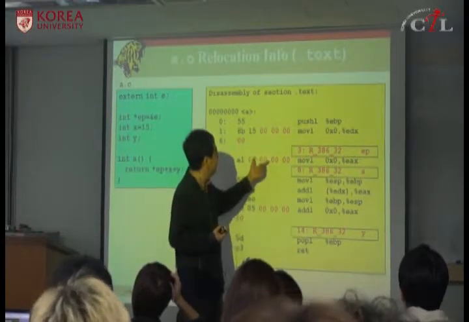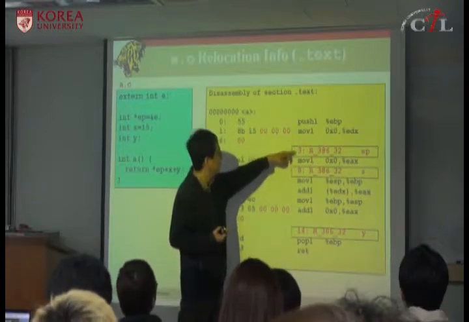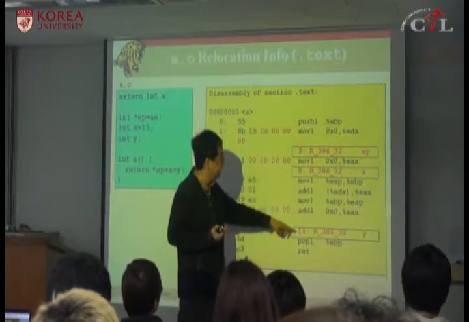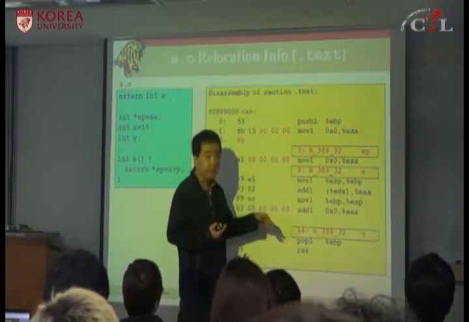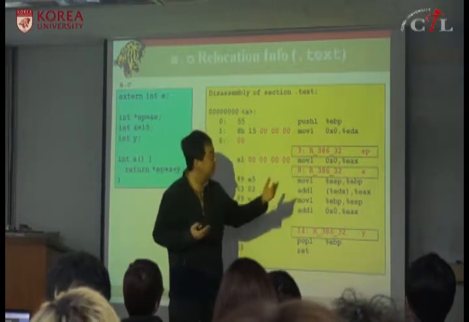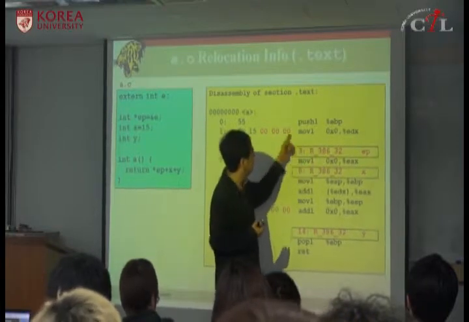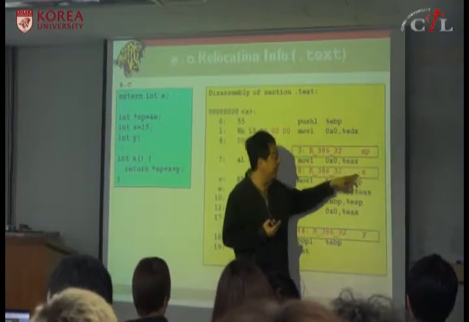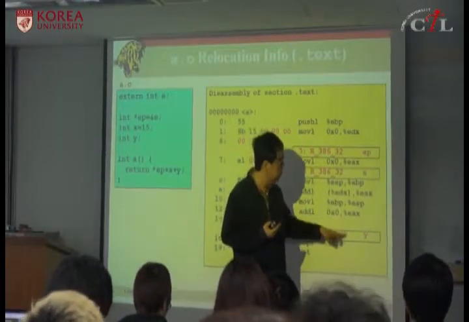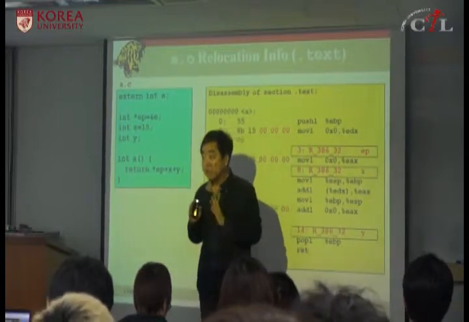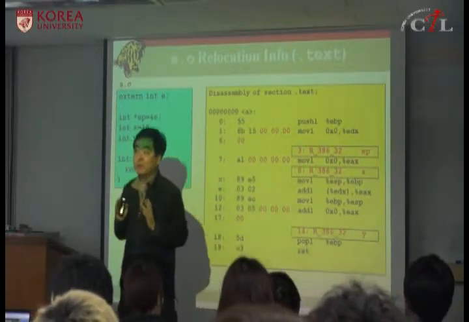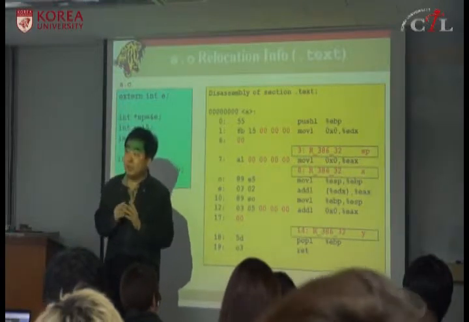And these 4 bytes, starting at offset 3, starting at offset 8, and starting at offset 14, ask the linker to change this address using absolute address. And the address should be the address of EP, and this should be the address of X, this should be the address of Y. Okay, that's all this relocation information is telling you.